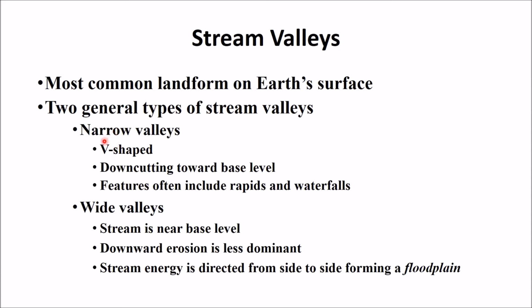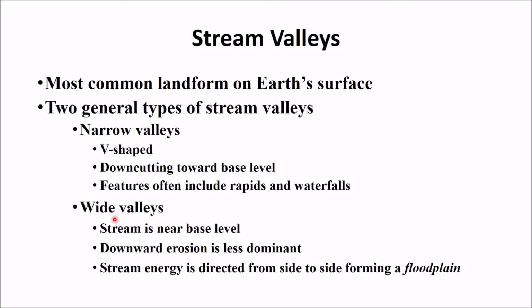When the valley is narrow, it can be V shaped, looking like the letter V. And normally in a narrow valley, down cutting or erosion occurs, and features often include rapids and waterfalls. What is a rapid and what is a waterfall? I will show it later.